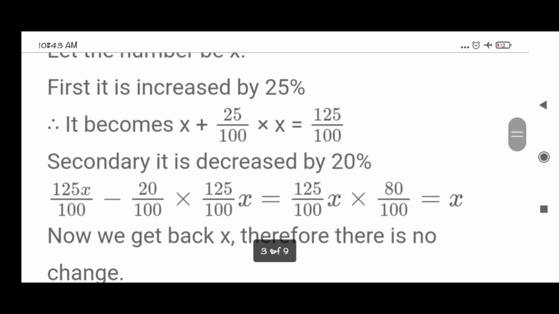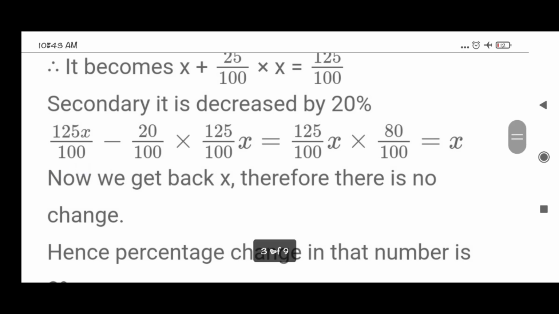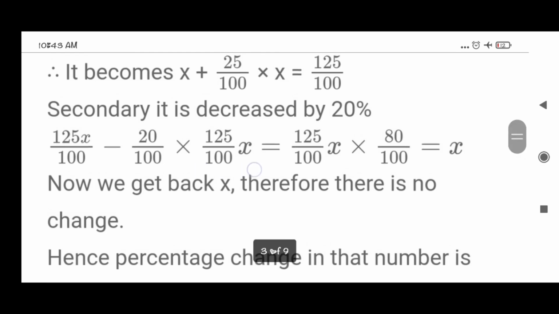Okay. Secondly, it is decreased by 20%. So 20% decrease means we need to subtract. So here 125x by 100 minus 20 by 100 into 125 by 100 x. Okay. So 125x by 100, we are substituting the value.